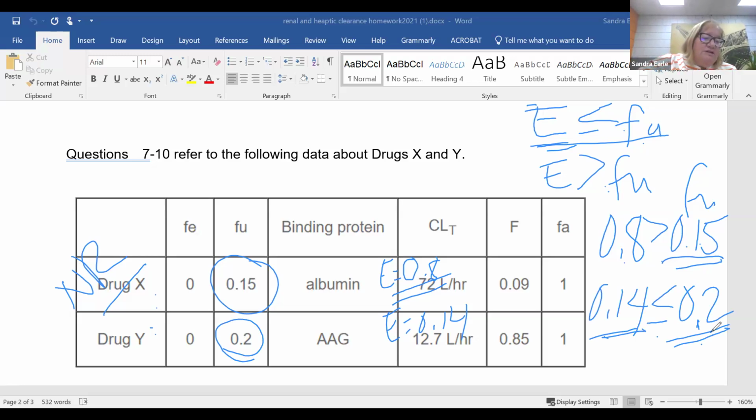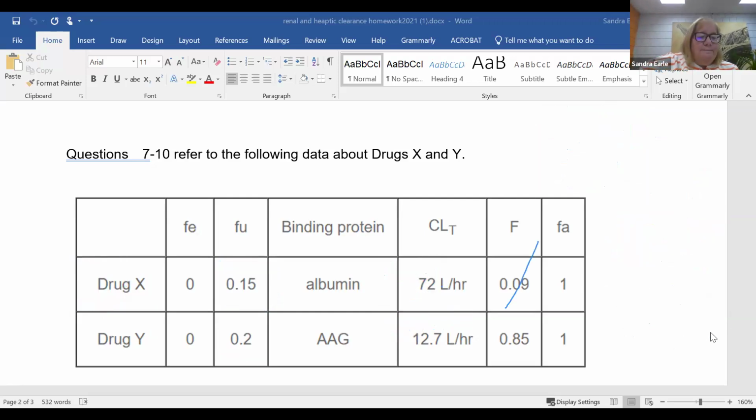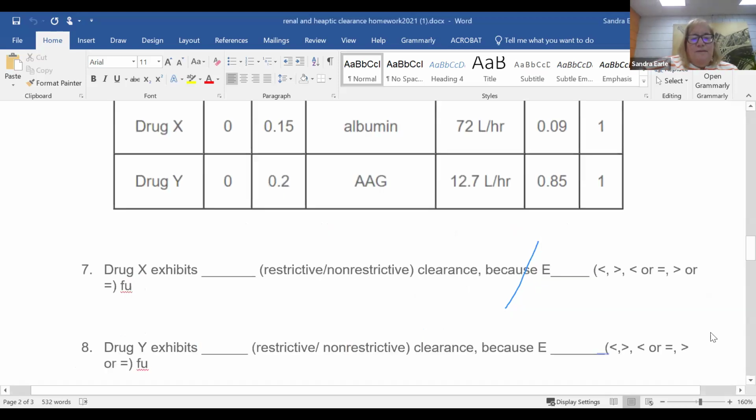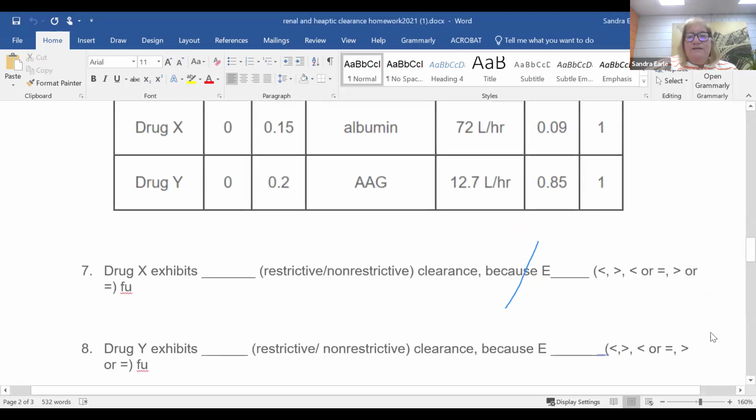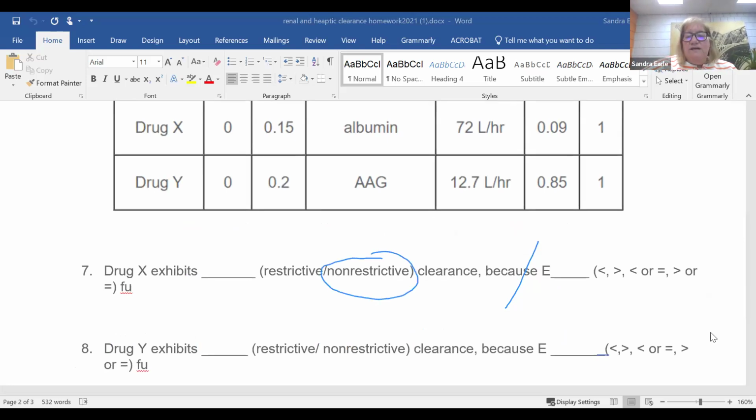To answer this question, drug X exhibits non-restrictive clearance because E in this case was 0.8 and fraction unbound is 0.15.